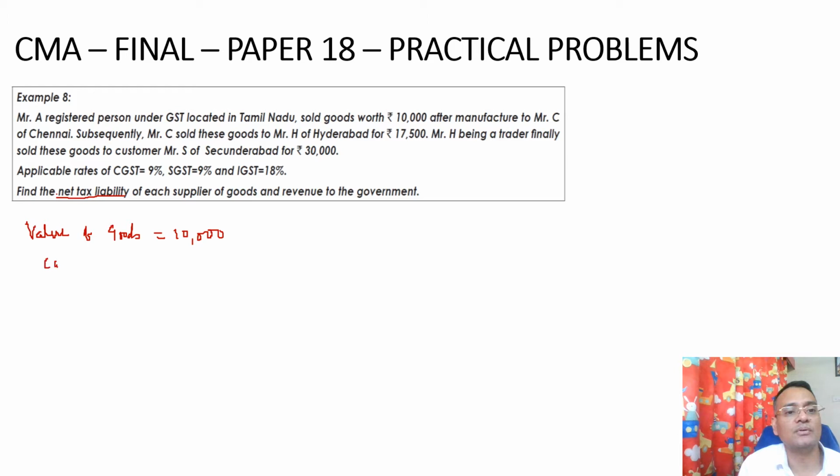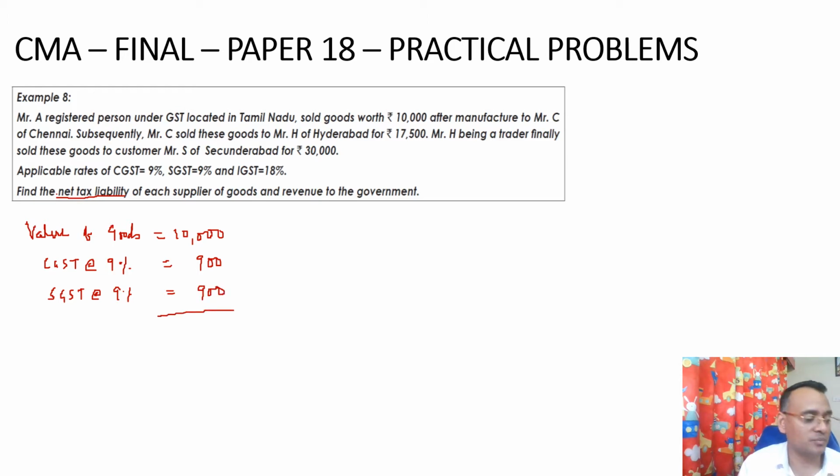So CGST at the rate 9% is 900. SGST at the rate 9% is 900.